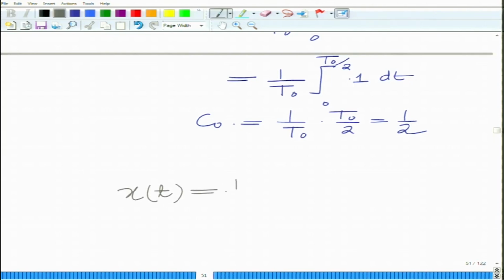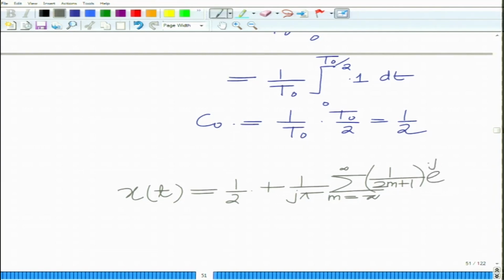And therefore, finally what we have is x t equals half plus 1 over j pi, summation m equal to minus infinity to infinity of 1 over (2m plus 1), since this exists only for odd k, that is of the form 2m plus 1. I have taken the j pi outside since it is common, e raised to j (2m plus 1) omega naught t.